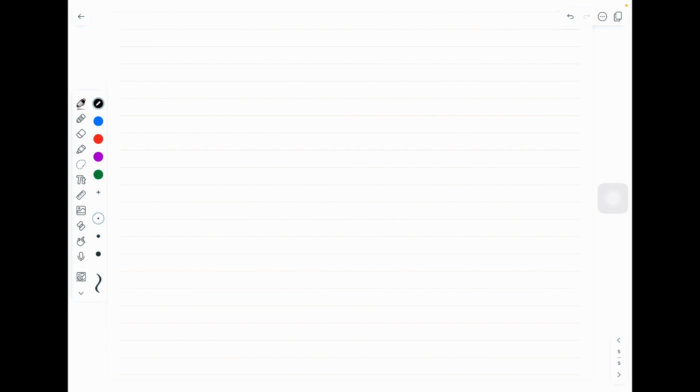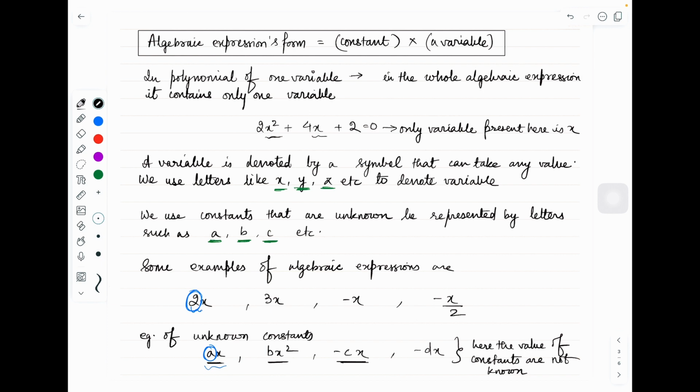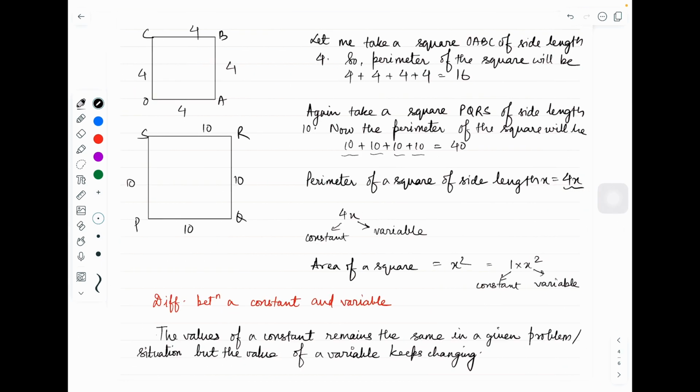Now some examples of such algebraic expressions. I have written, see here in these examples, only x to the power 1, 2x, 3x, minus x by 2.